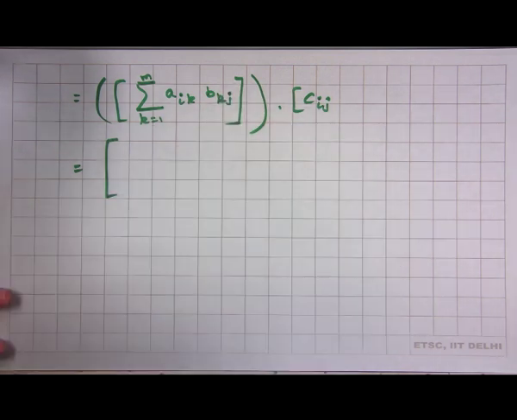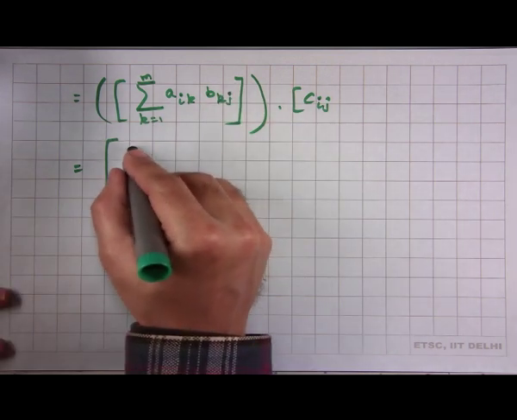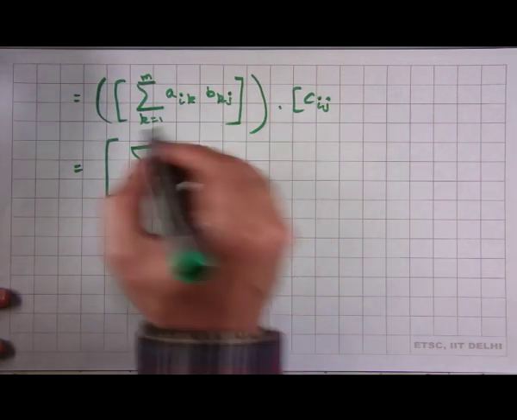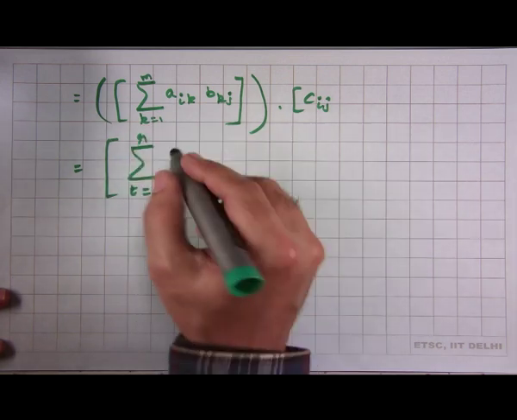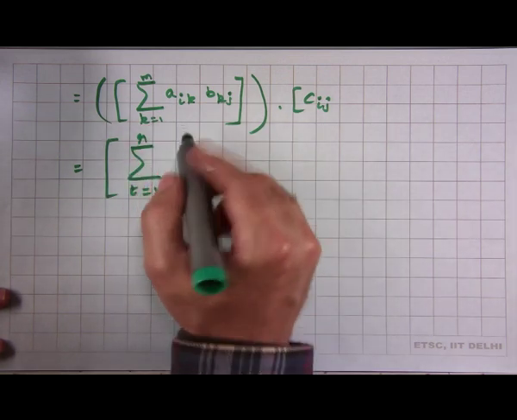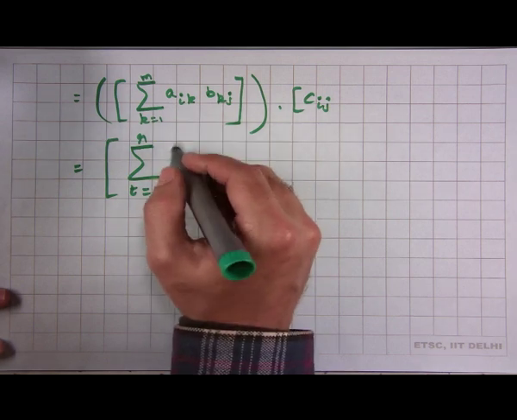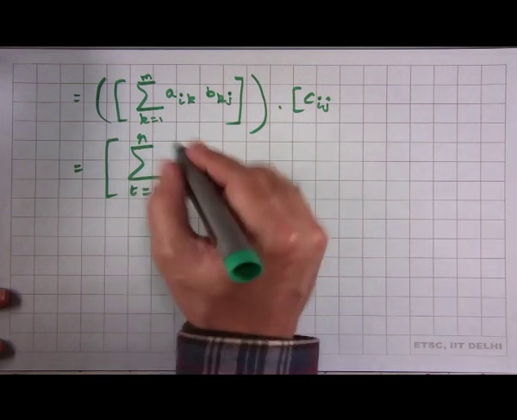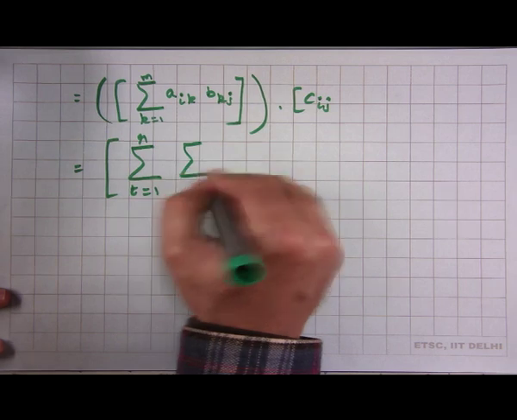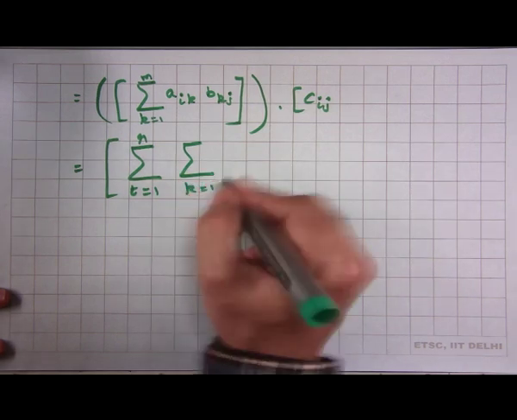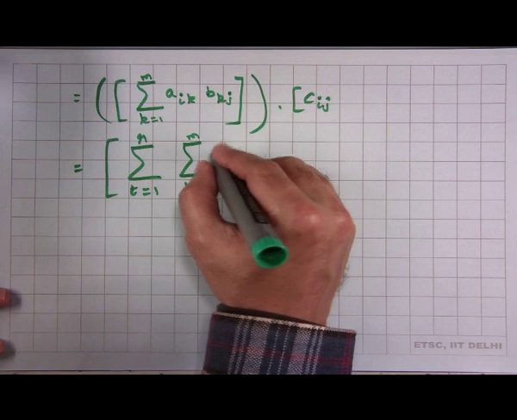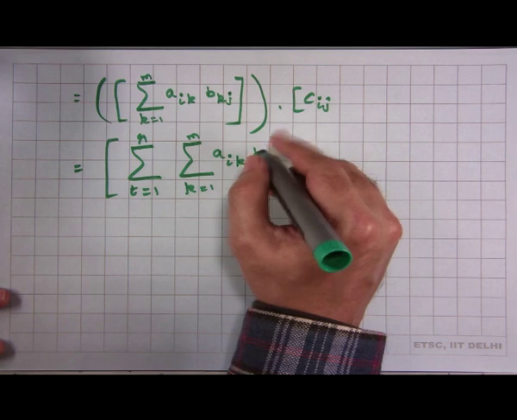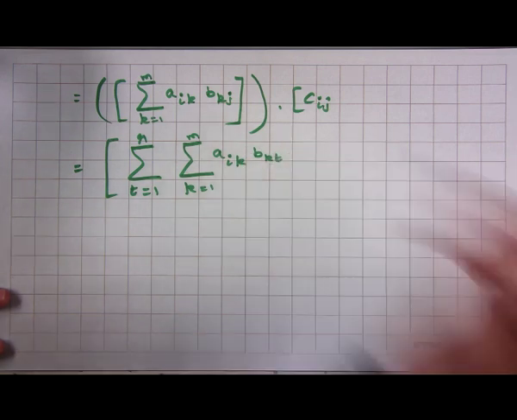Which is going to be equal to the ijth element. So, I will have to multiply, let me use the same thing, summation over t running from 1 to r. I need the ith element of A dot B, which is summation k running from 1 to m, Aik Bkt.